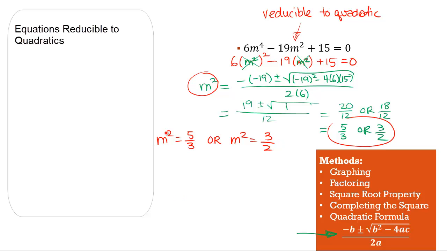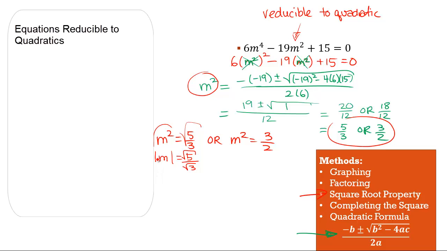Remember, when we square, there's the square root property, and the square root property tells us when we square root both sides, we get the absolute value of m is equal to the square root of 5/3, square root of 5 over square root of 3.